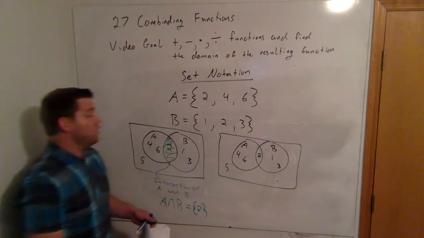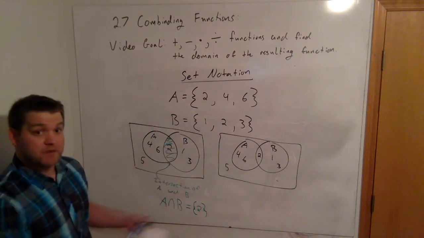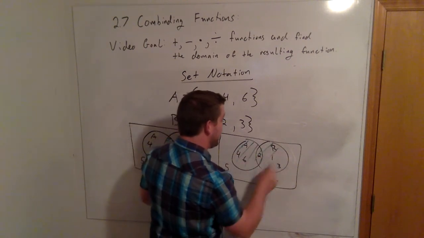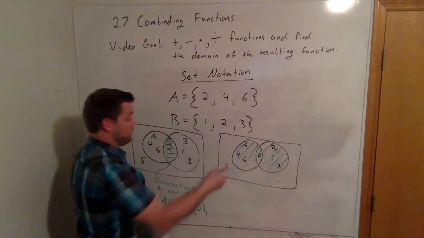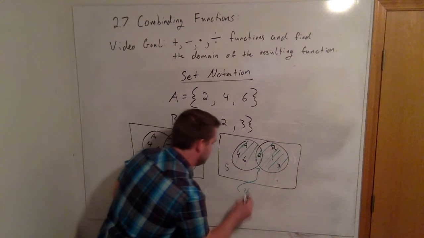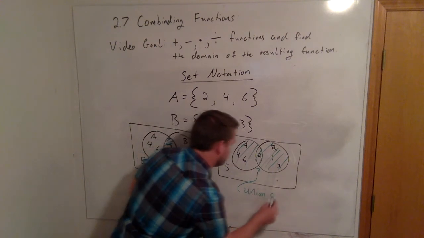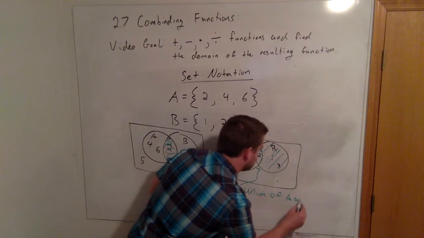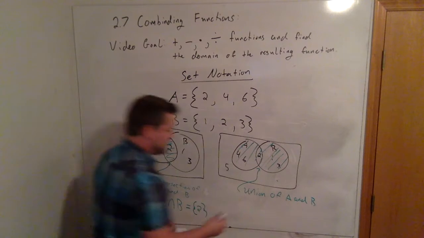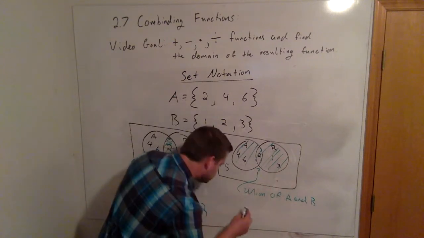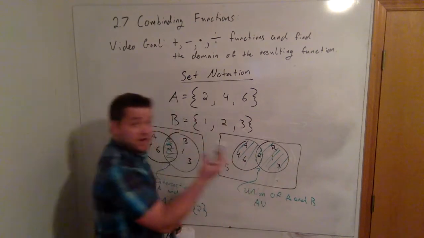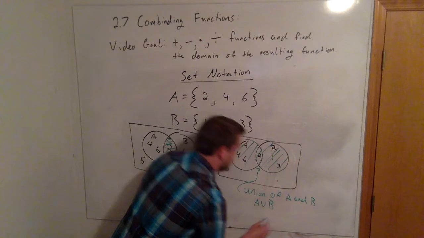Now, maybe you'd want to know, well, how could I win at least one of the bets? Well, I'd want to know what's in A and what's in B, or A or B. So in this case, we would call this the union of A and B. I'd win if I'm in A or I'm in B. The union of A and B. So we would write this as A, and we use a regular U, A union B. This means union.